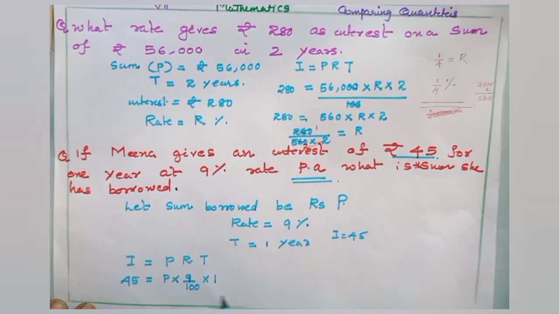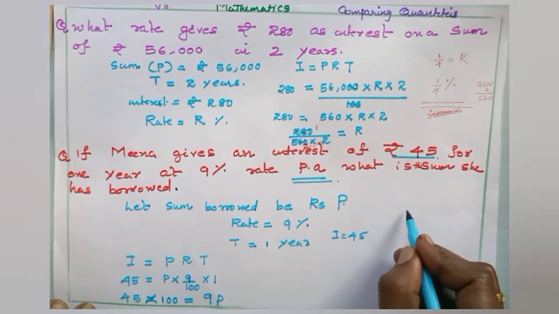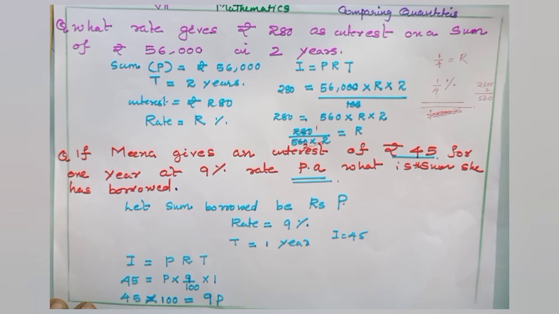Then we get 45 equal to P into 9 by 100. The denominator goes to the left side as multiplication. 45 into 100 equals P into 9 into 1, that is 9P. So we get 9P equal to 45 into 100.